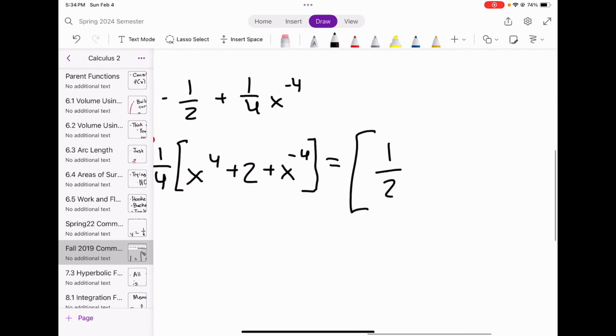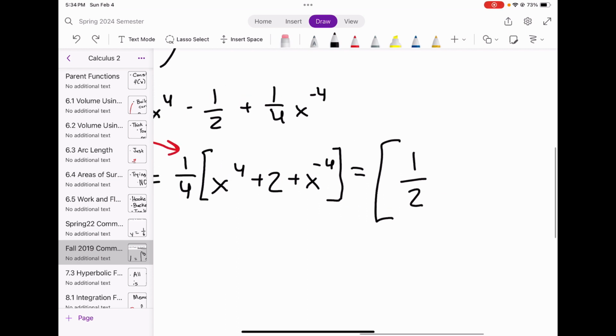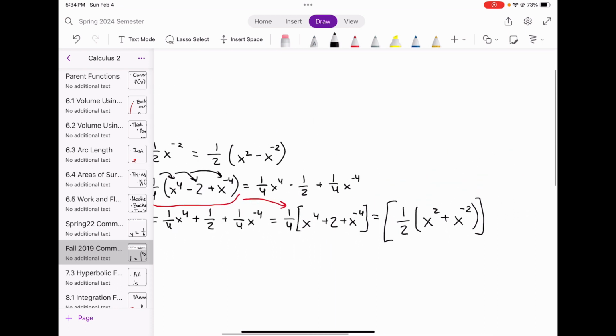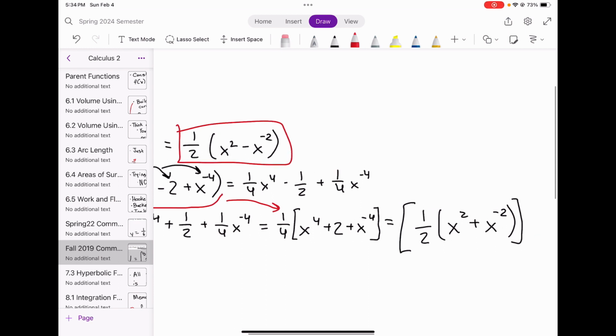It's going to be 1/2, and 1/2 because you want to square this value as well. Open parentheses, x squared plus x to the negative 2. And that lines up exactly to what we had right over here, except now that instead of having that minus x to the negative 2, we're going to have a plus there.